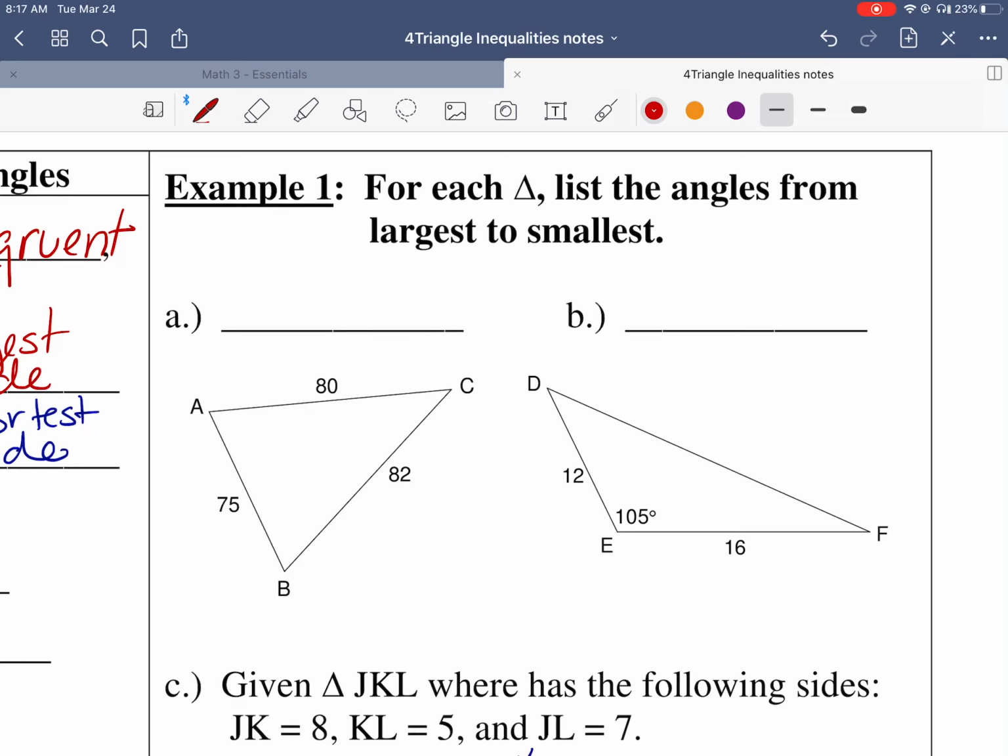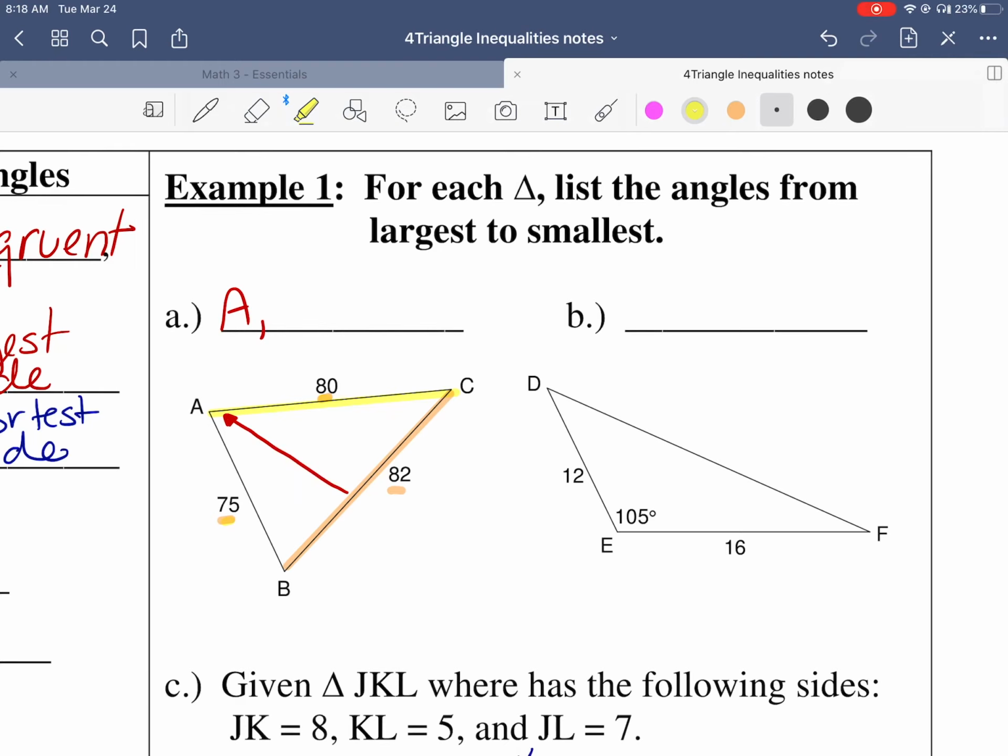So if I want to list them in order from largest to smallest, so largest side, I have 75, 80, and 82. 82 is my largest. From here, go directly across. I'm at A. It means A is my largest. I'm going to go to my next largest. Between 75 and 80, 80 is bigger.